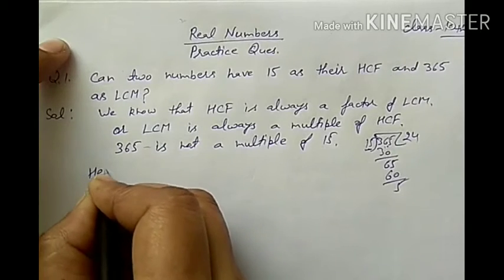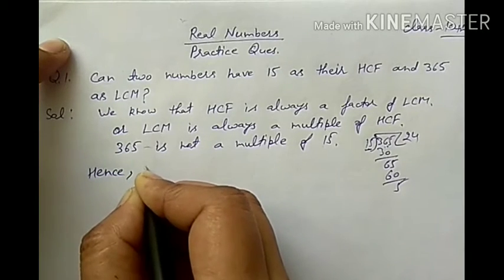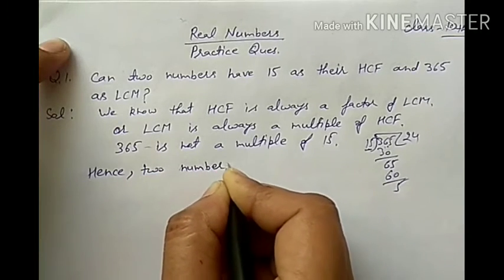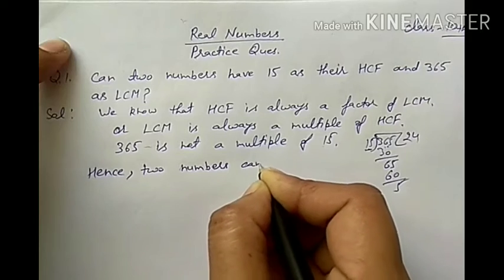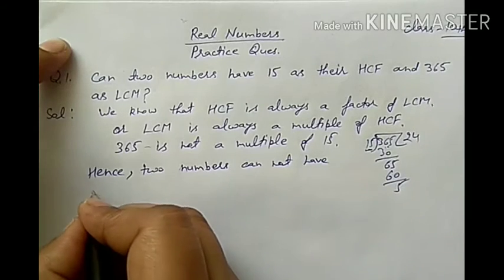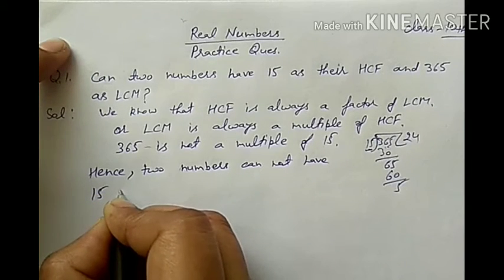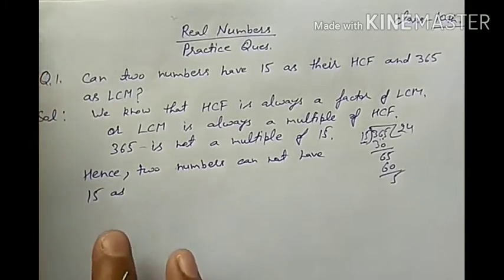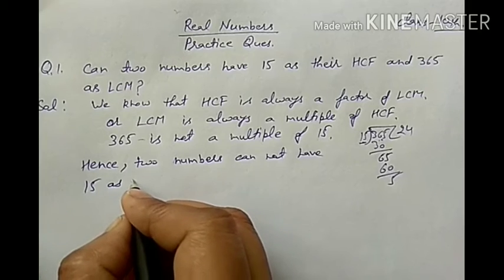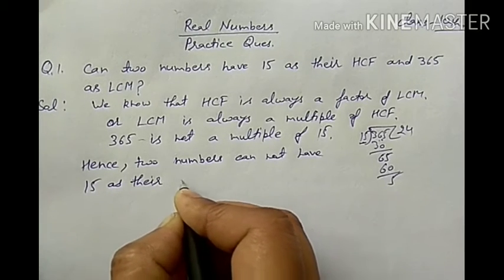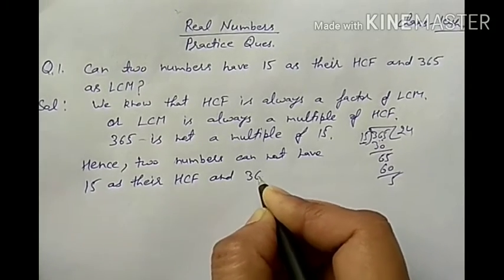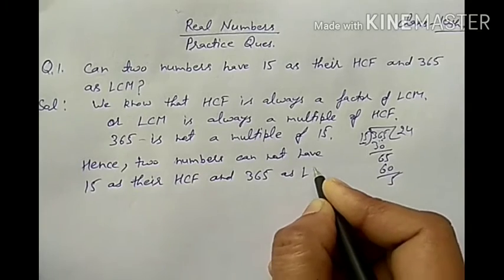Hence, two numbers can't have 15 as their HCF and 365 as LCM.